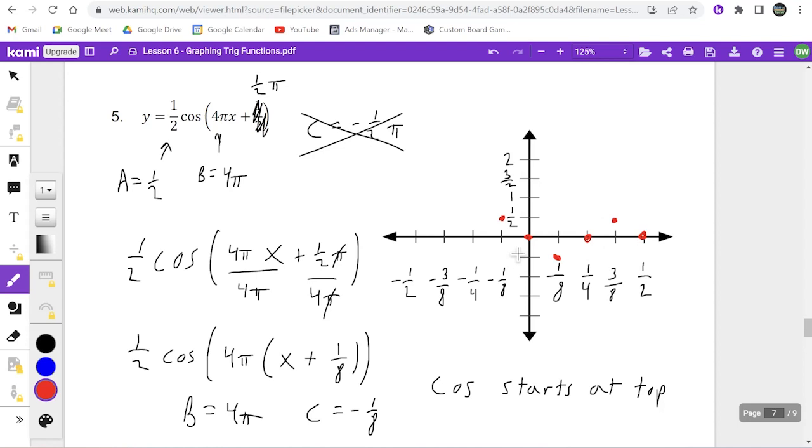And then going the other way, we've got the middle, then bottom, then middle. And one more time, I gotta connect my dots. Just like that.